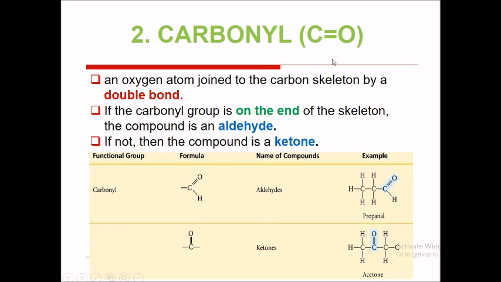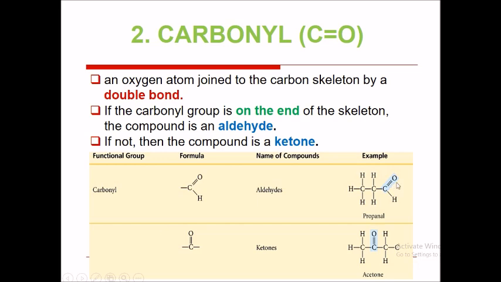The second functional group is the carbonyl group. The carbonyl group is a functional group where, as you can see here, the oxygen atom is bonded to the carbon backbone by a double bond.